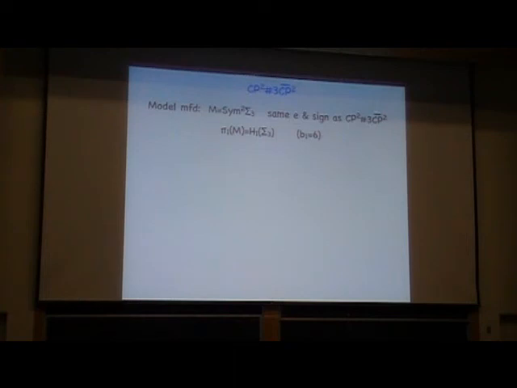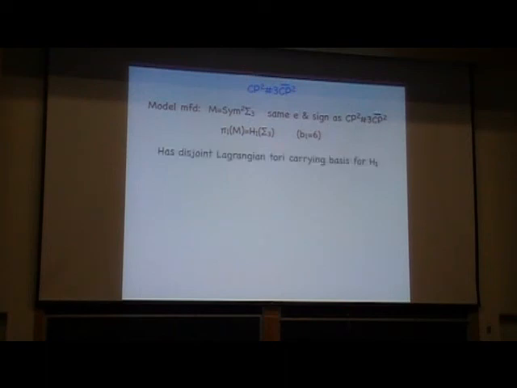So suppose you start with the model manifold, the second symmetric power of the surface of genus 3. That has the same Euler characteristic and signature as CP2 blown up 3 times. And pi 1 has the nice feature of being abelian. It's H1 of sigma 3. b1 is 6.